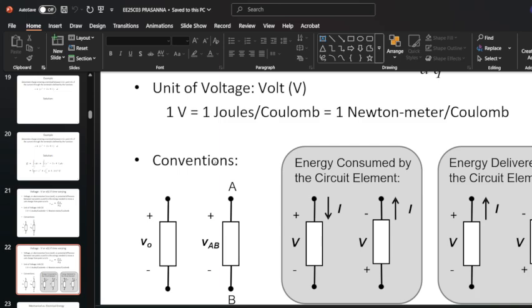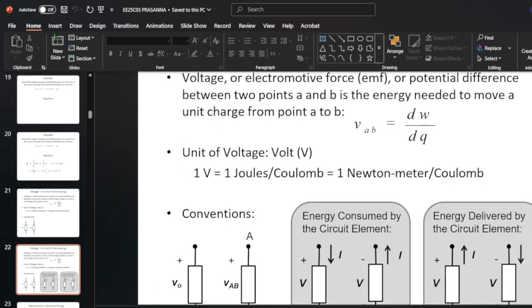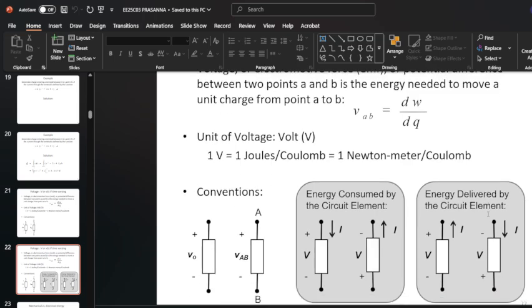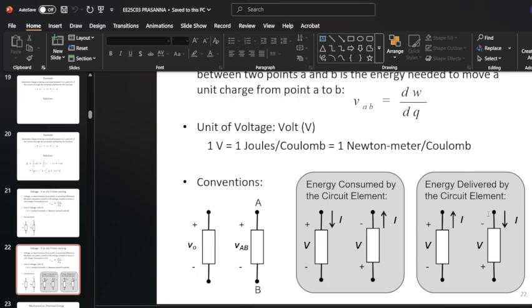Suppose the arrow points away from the element, negative to positive, it means the energy is delivered to the circuit element. That indicates like that. Are you able to see? Can you see? Right.